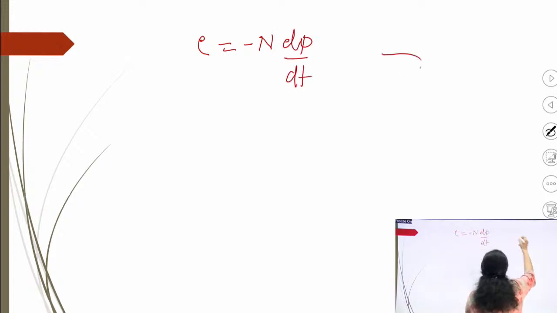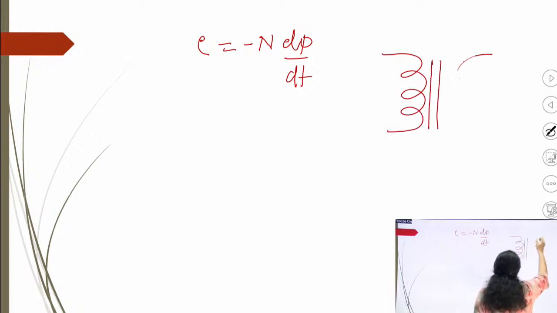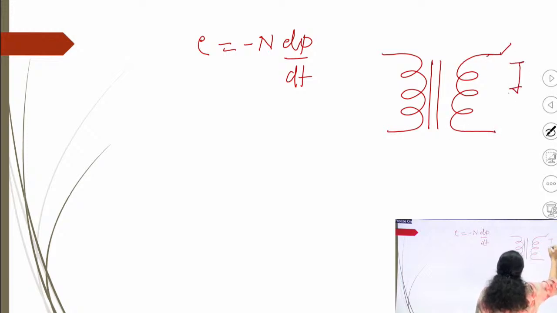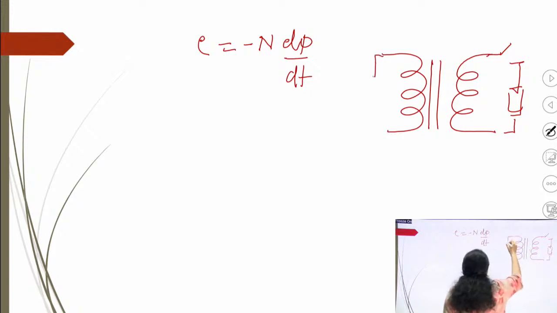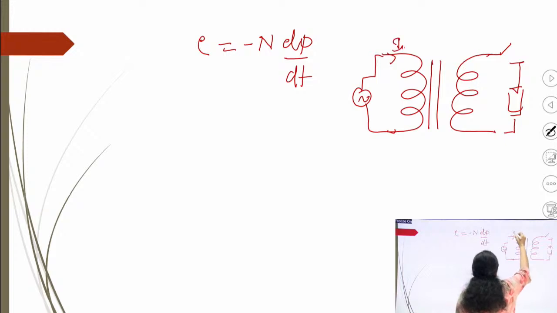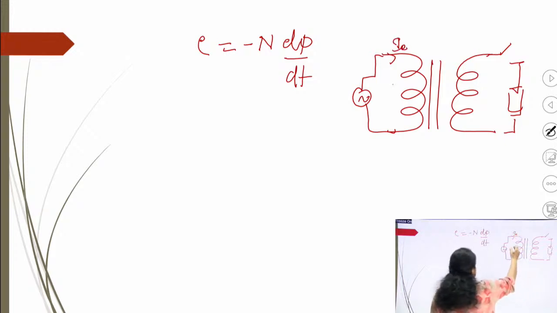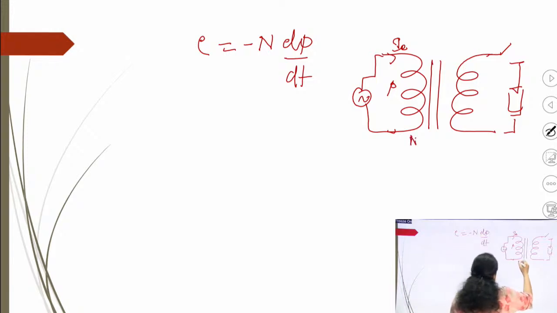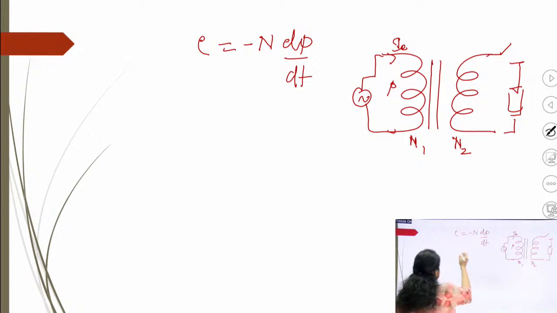Here I am drawing the diagram again so that you can understand it better. Here you apply the AC supply, the no load current starts flowing, and the flux phi will be set up. This winding has the number of turns N1 and this has N2.